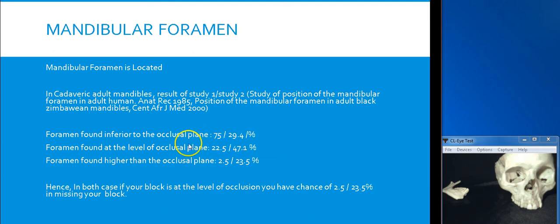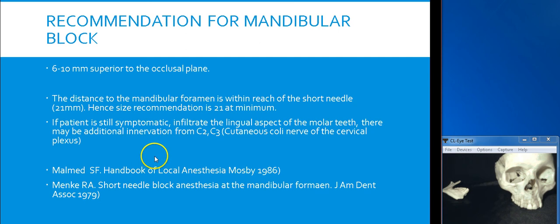So to get all the 100%, our recommendation is to be about 6 to 10 millimeters above the occlusion plane. Hence, if you're used to giving the block at the level of occlusion, you have a chance of missing 2.5 to 23.5%, depending on the ethnicity and the different types of studies out there in the literature. So again, our recommendation is to be about 1 centimeter to 6 millimeters superior to the occlusion plane.